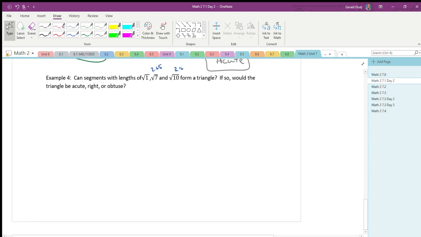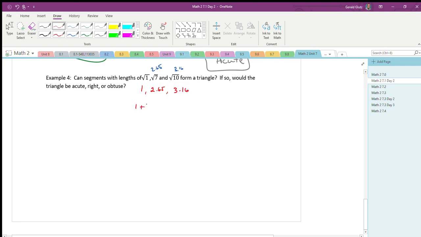And then finally, example 4: can segments with lengths of square root of 1, square root of 7, and square root of 10 form a triangle? If so, what type of triangle would it be? First thing we have to do is add up the two smallest sides. Square root of 1 is just 1, square root of 7 is about 2.65, and square root of 10 is about 3.16.